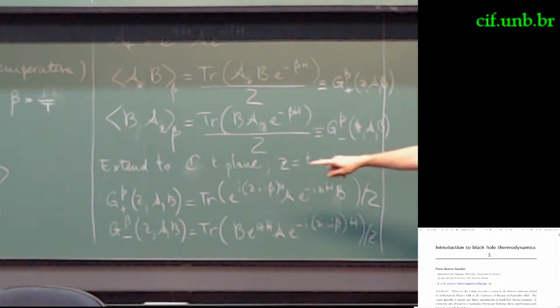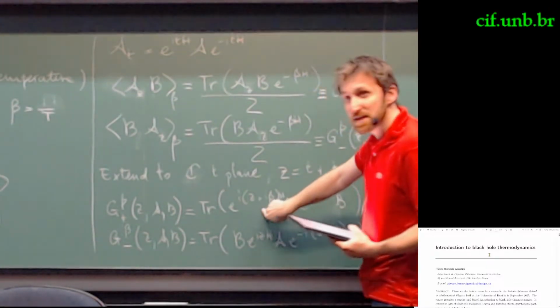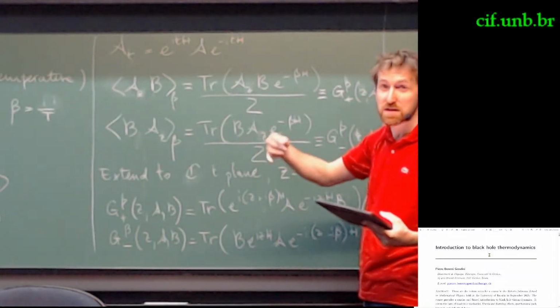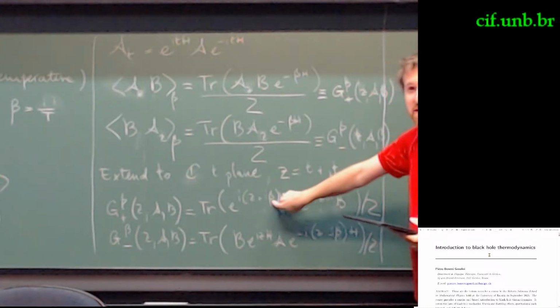So once I've written these, you'll see that in order to have a real part that is negative in this exponent, so that the trace has a hope of converging, the presence of beta restricts the holomorphicity of these two functions.